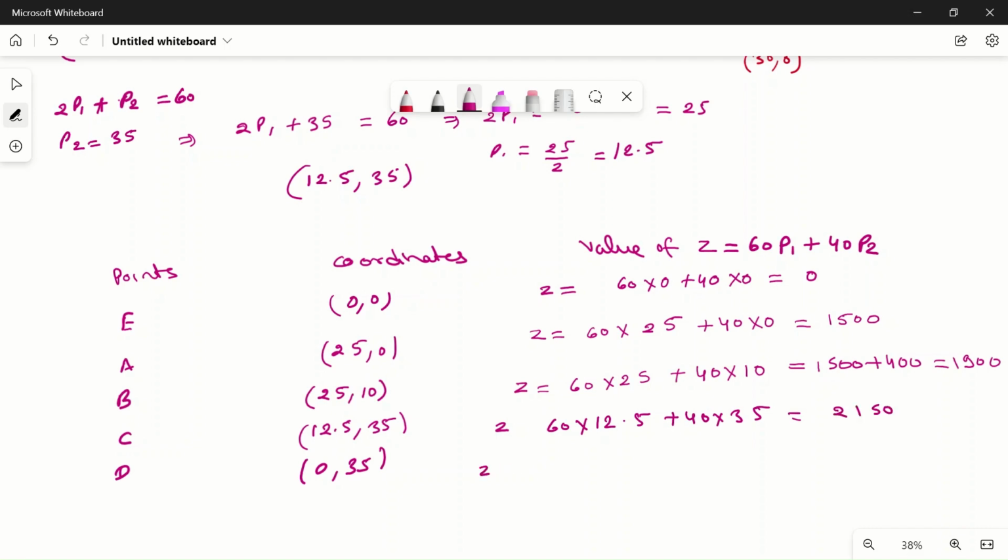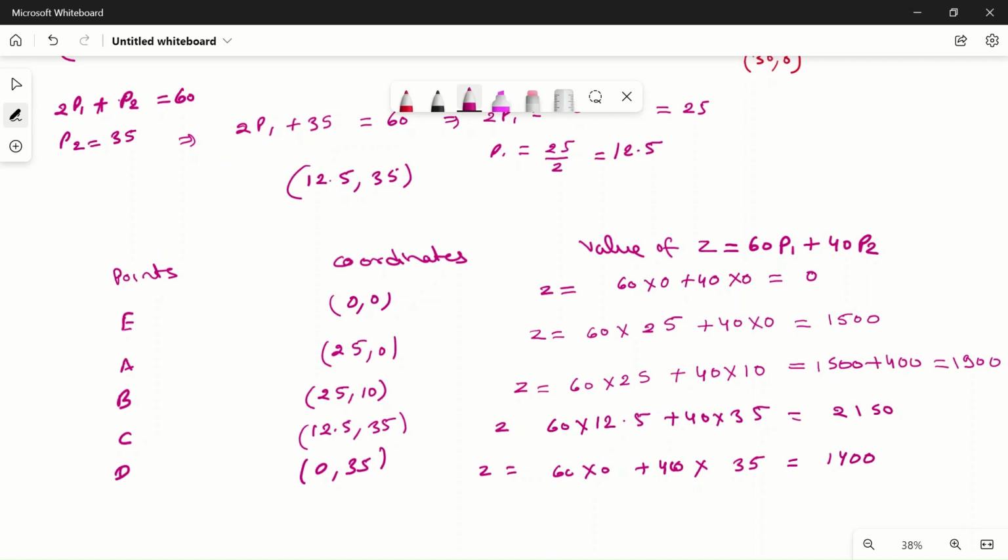And at this point D it will be 60 into 0 plus 40 into 35, which will be equal to 1400.